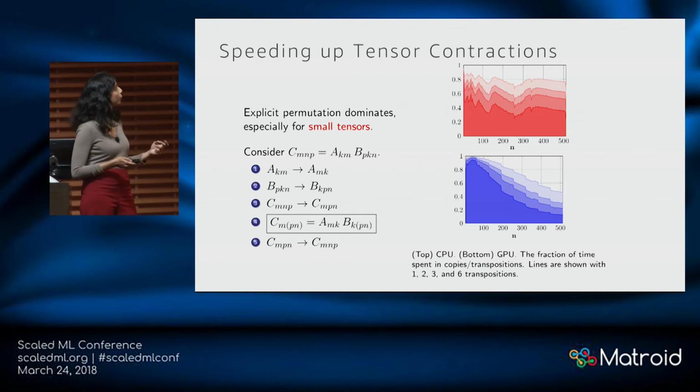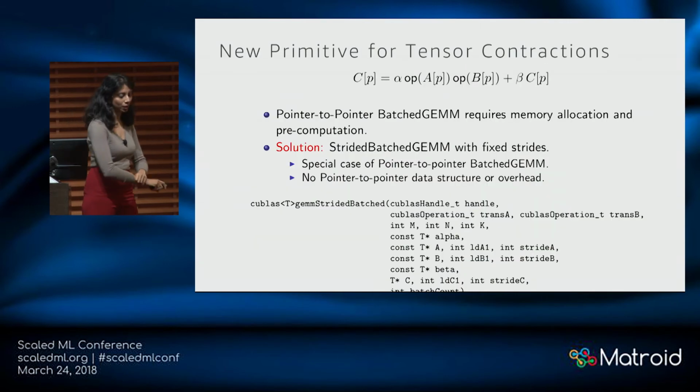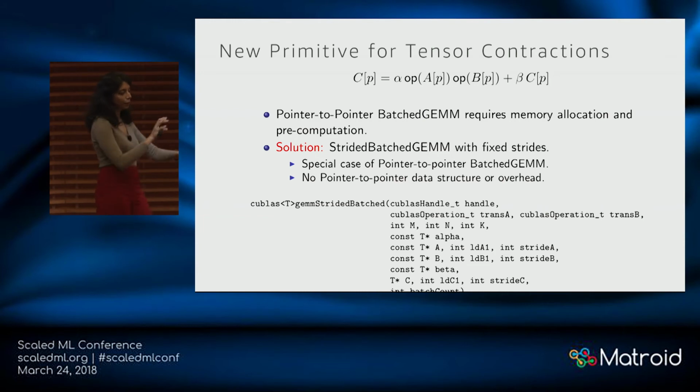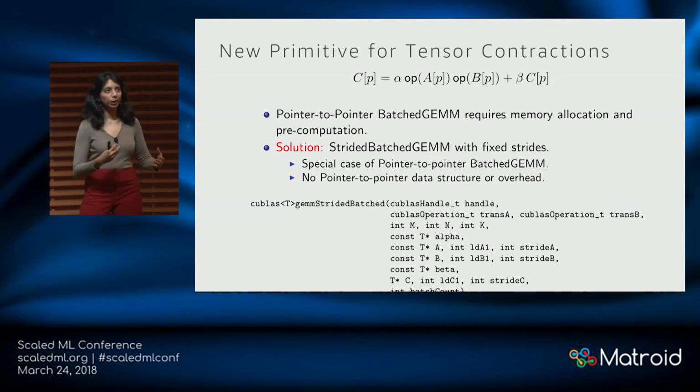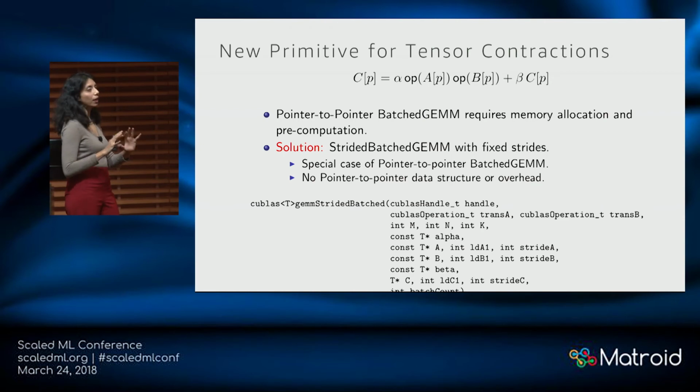And so one of the things which we explored was creating a new primitive for a range of these tensor contractions. So you could possibly contract the tensor in different possible dimensions, and how many of them can we do in place? It turns out that a large number of them we can still do in place by having a new primitive that we call Strided Batched GEMM.